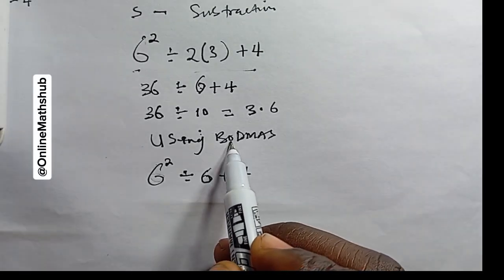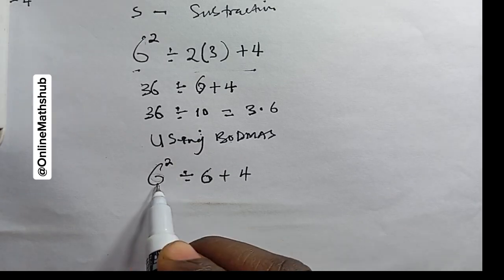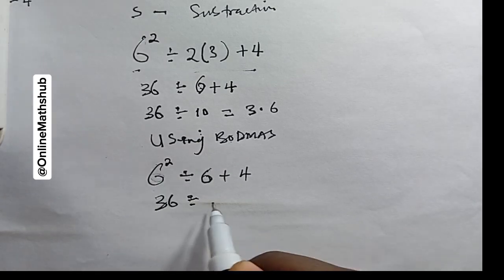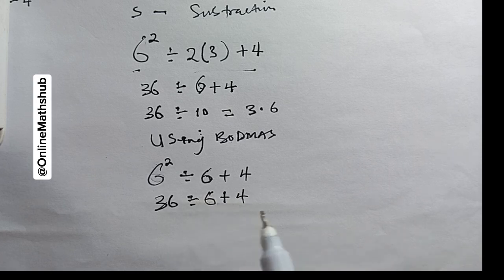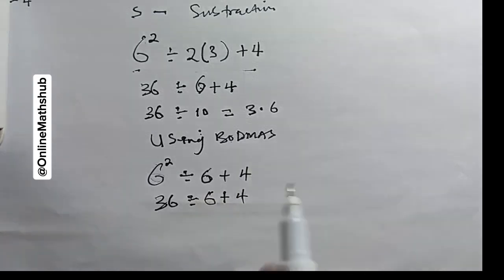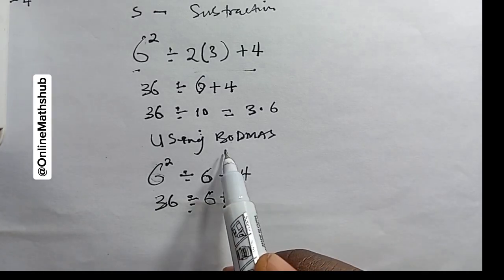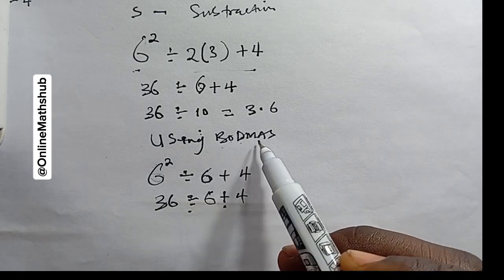Okay, so I'm going to keep other items as they are. Next, I can simplify the of here, which in this case is this power of. So 6 power 2 is 36, okay, divided by 6 plus 4. So next, you can see here that we have division, and then we also have addition. But in this BODMAS rule, you can see that this division comes before addition.